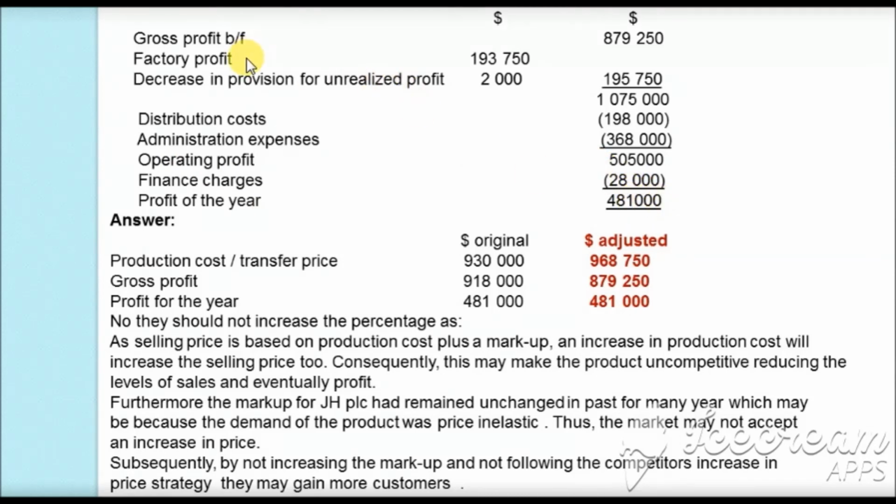This is because the increase in the factory profit will be equal to the increase in the transfer price, and both of them will cancel out each other. So in the answer, I have stated that the transfer price originally was $930,000, and the adjusted transfer price was $968,750.